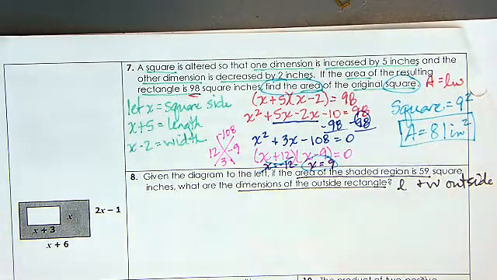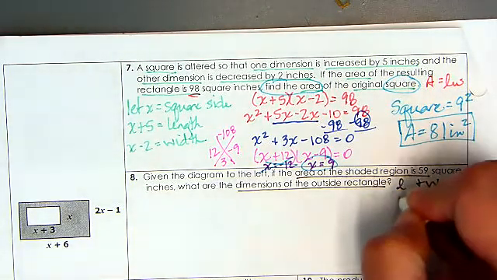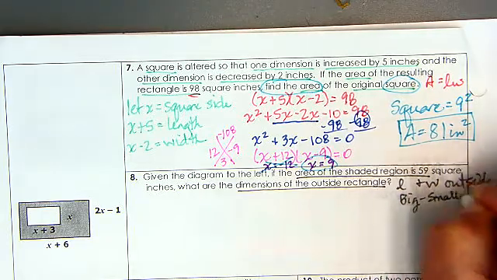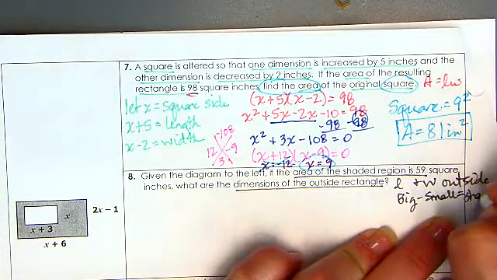Once I find x, I plug it in. Remember, to do the shaded region, I'm going to do the big minus the small equals the shaded.